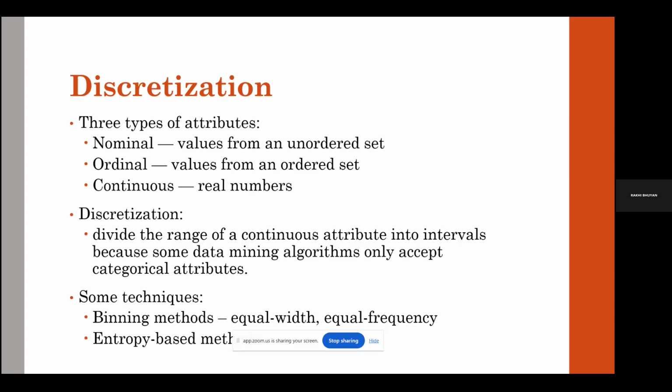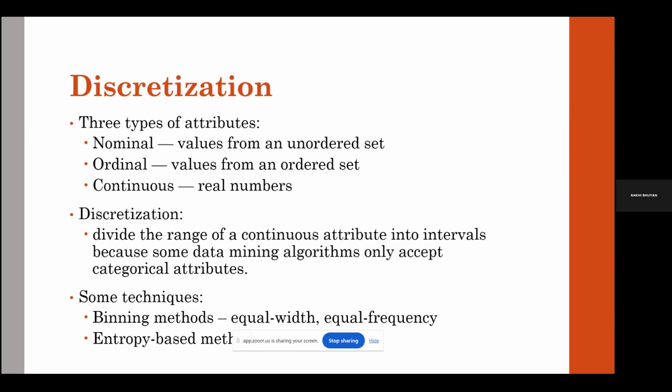For example, in a grading system, we are combining marks 90 to 100 into group grade A, 75 to 89 in group B, 60 to 70 in group C, and less than 60 is fail. So here we turned a number value, the marks, into a category, that is grade.